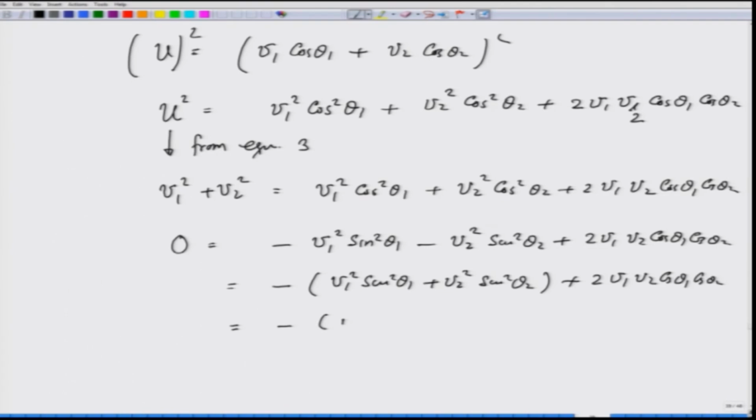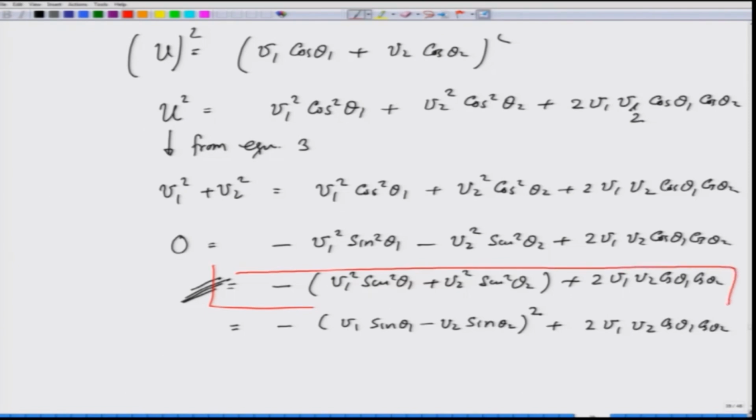I'll write this as minus v1 sin theta 1 minus v2 sin theta 2 whole square plus 2 v1 v2 cosine theta 1 cosine theta 2, and to make this term, the term here in the red box, the new equation I am writing, I have to subtract here minus 2 v1 v2 sine theta 1 sine theta 2.